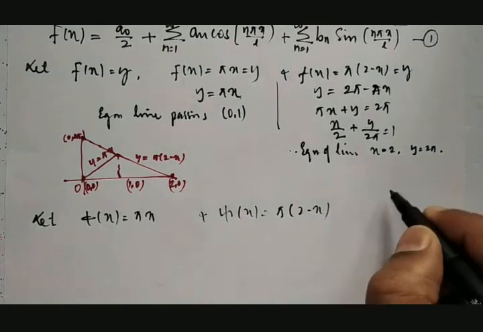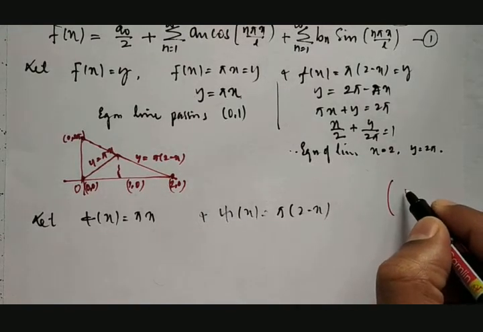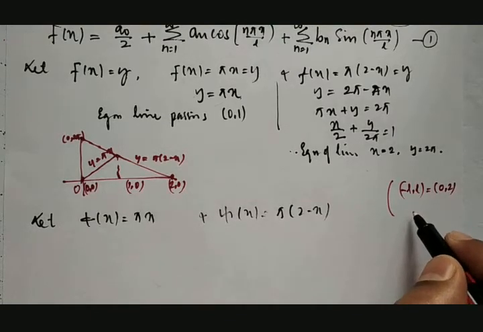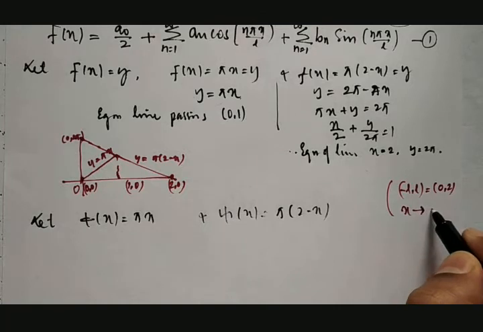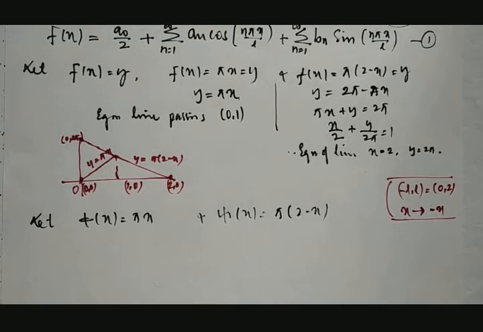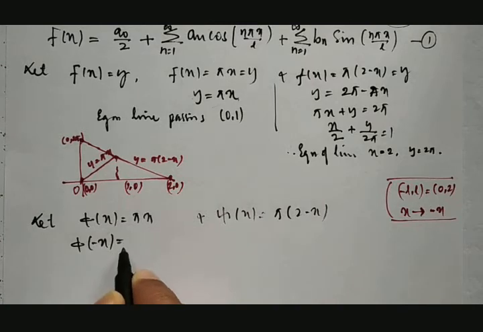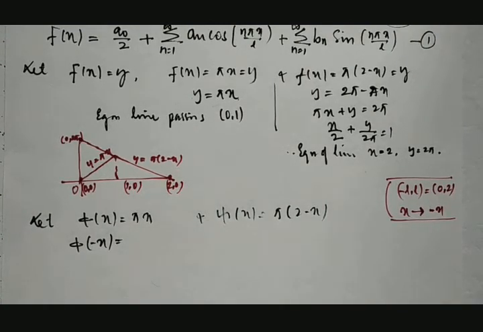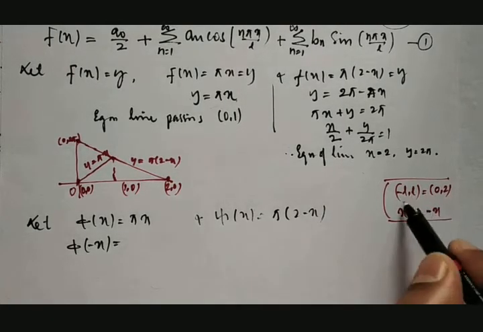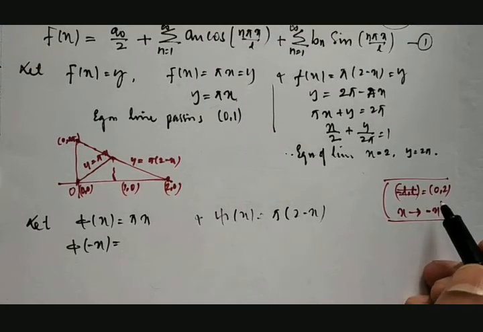Since the given function has a limit like minus L to plus L, which here is 0 to 2, x will be replaced by minus x. Therefore, phi of minus x is equal to... it is not between minus L to plus L.